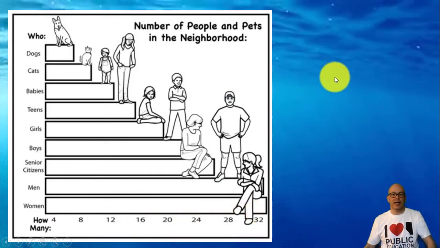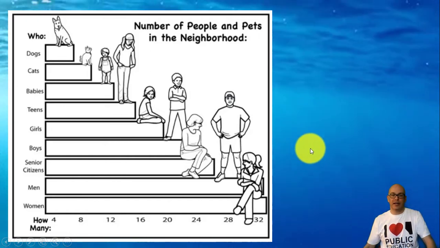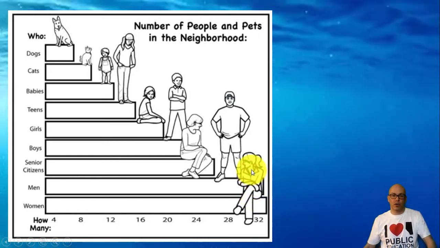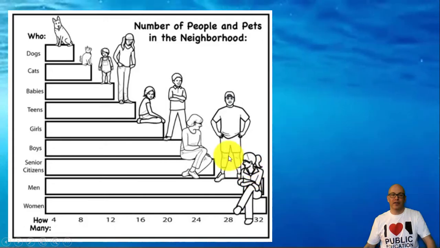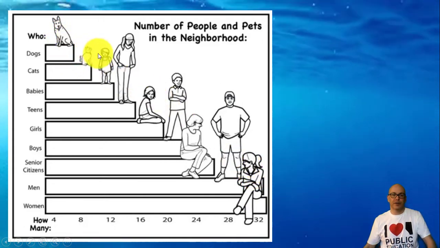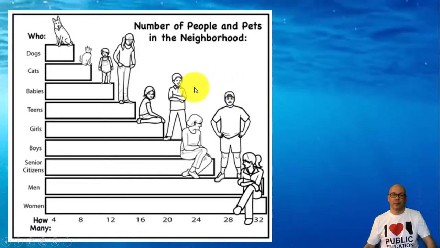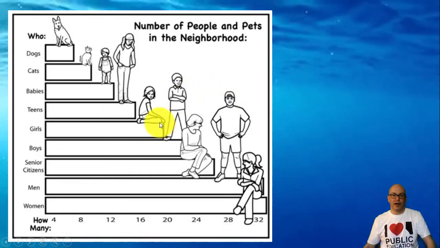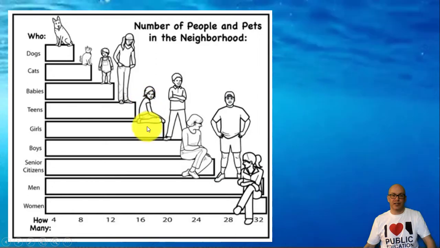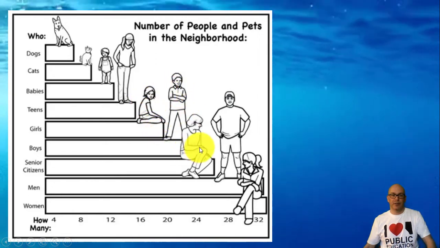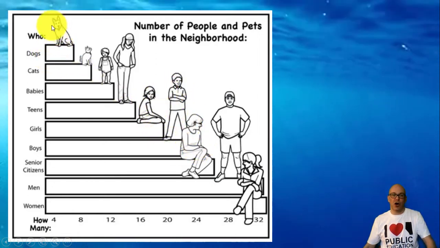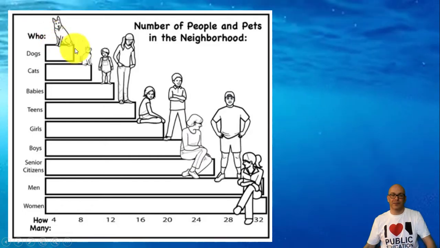So when you look at the neighborhood, it looks like the neighborhood has more women than any of these other groups. In the middle, looks like girls and boys and teens, right? But then the least is dogs. The least is dogs. Right?